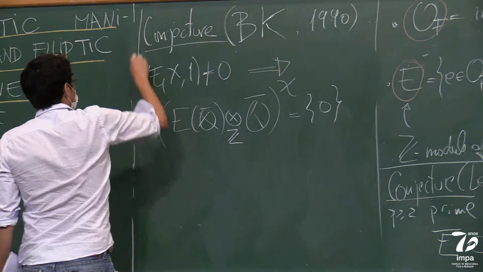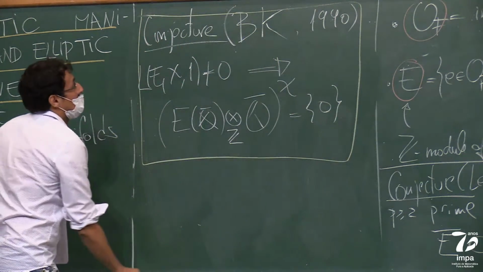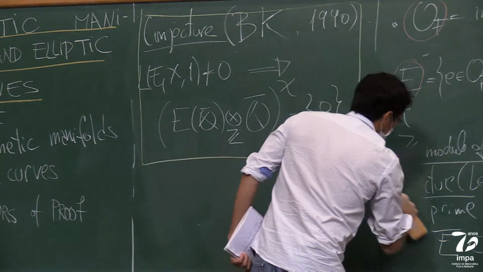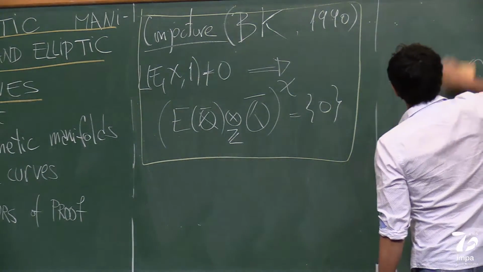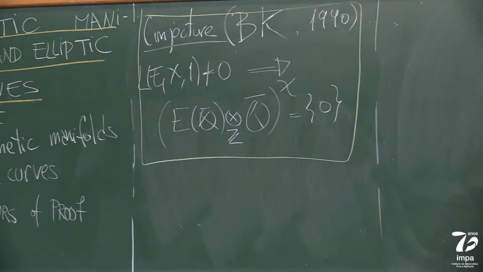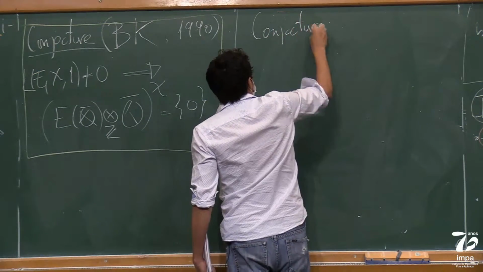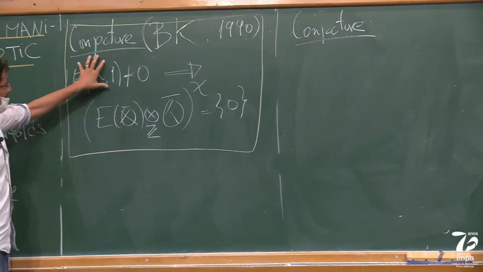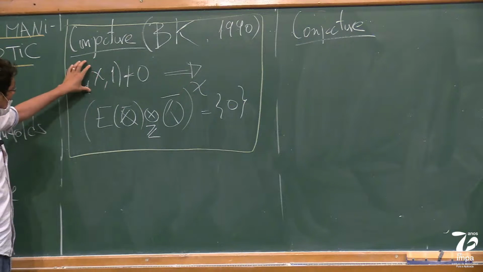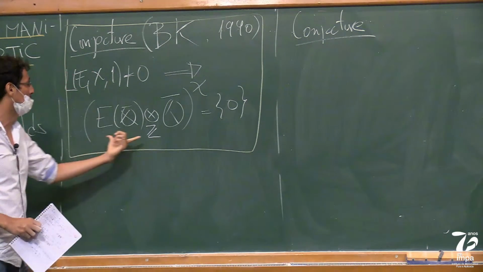So that is the Bloch-Kato conjecture relating the arithmetic of the elliptic curve twisted by this character and the value of the L function. As in the BSD conjecture, you take all the local information of the elliptic curve together and package it, and you obtain some global information.